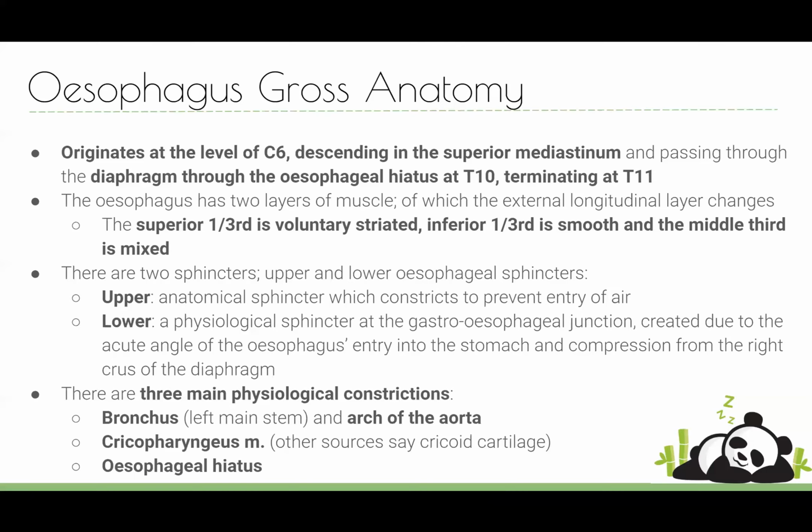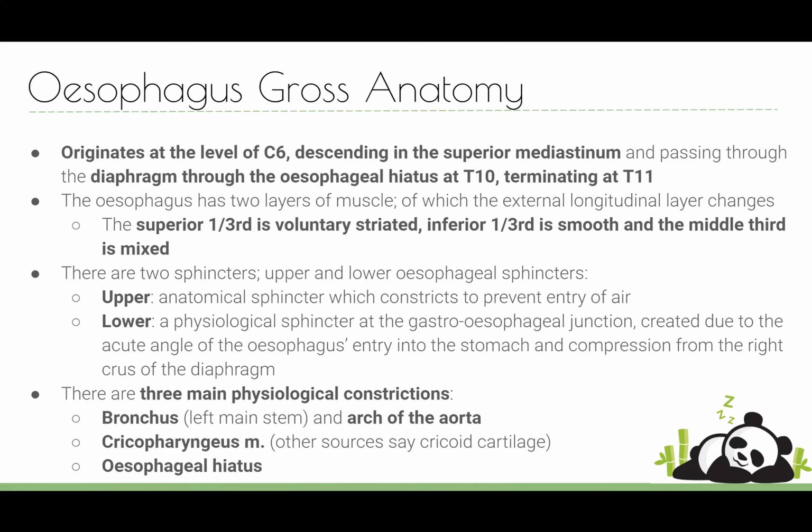There are 2 sphincters. There's an upper, which is an anatomical sphincter, which constricts to prevent entry of air, so it literally closes. And then there's a lower, a physiological sphincter, i.e. there's no real anatomical structure there. It's created by the angle of the esophagus as it enters the stomach and compresses because of the right crus. That's important.